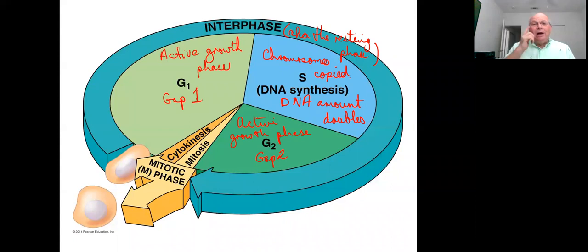So this is basically how we understand cells to progress, as long as they're constantly and actively growing and dividing. Now, the vast majority of the cells in our body are not actively growing and dividing. That doesn't mean that they can't grow and divide, although some of them probably have signaling blocks that prevent them from dividing, and we'll talk more about that when we talk about the regulation of cell division.